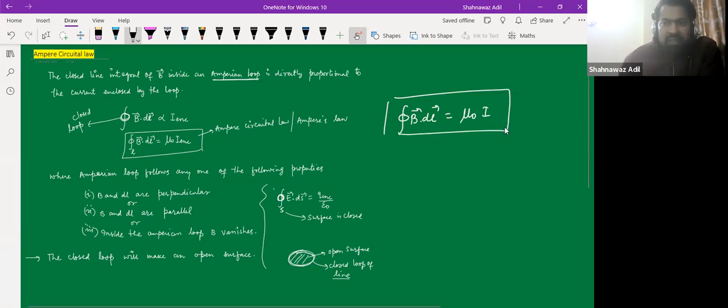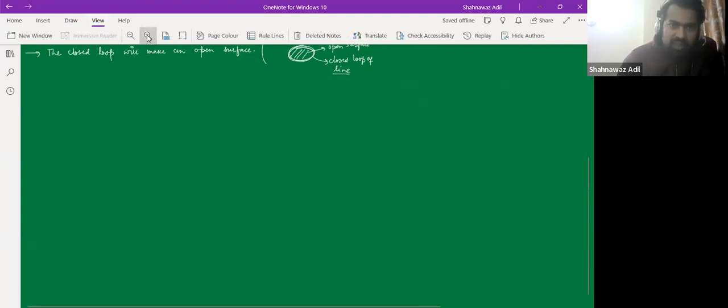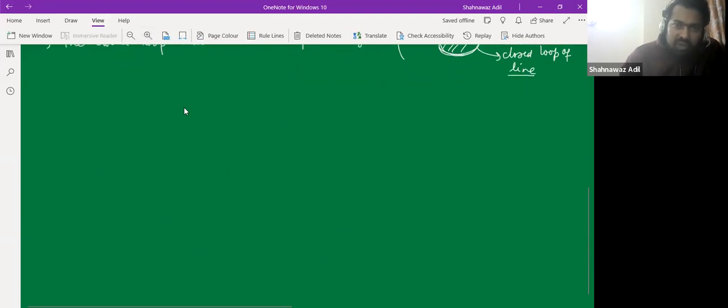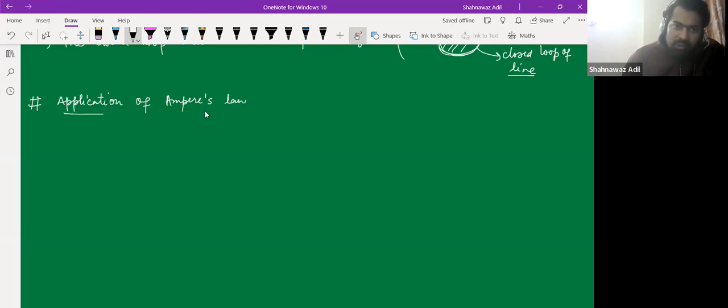What is the application of this? There are several applications, and two of them mainly are the applications of Ampere's law.